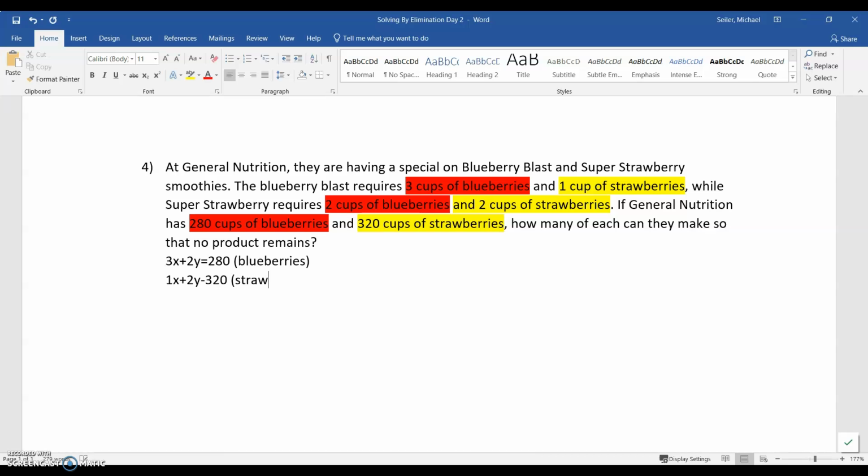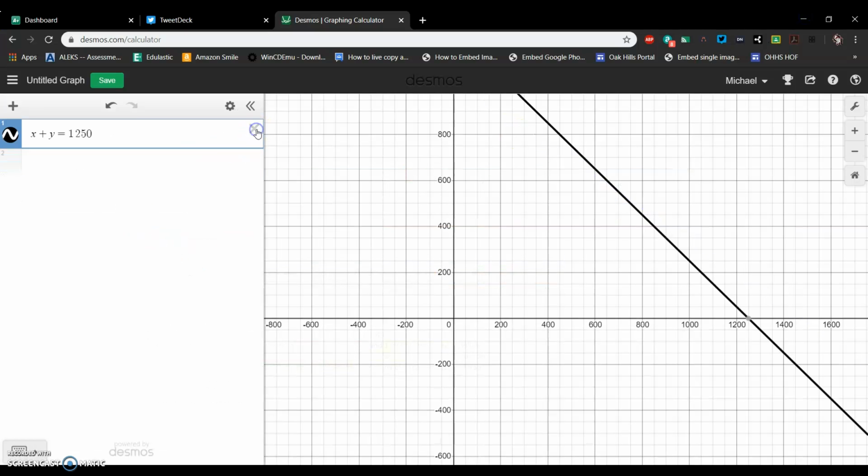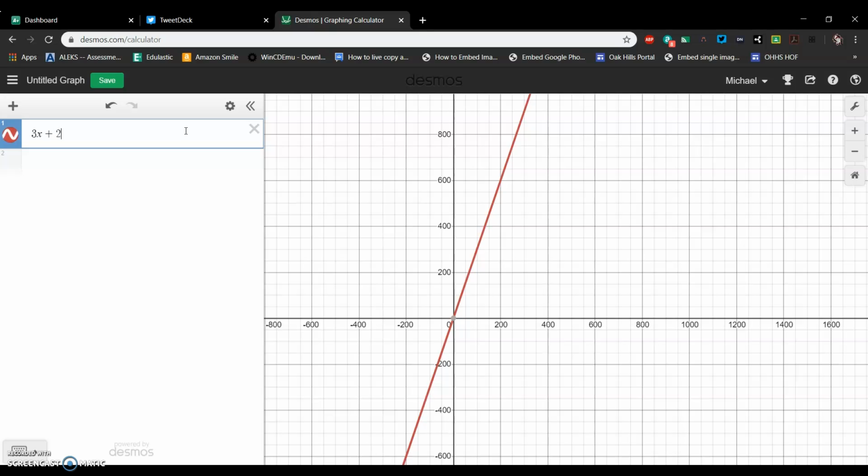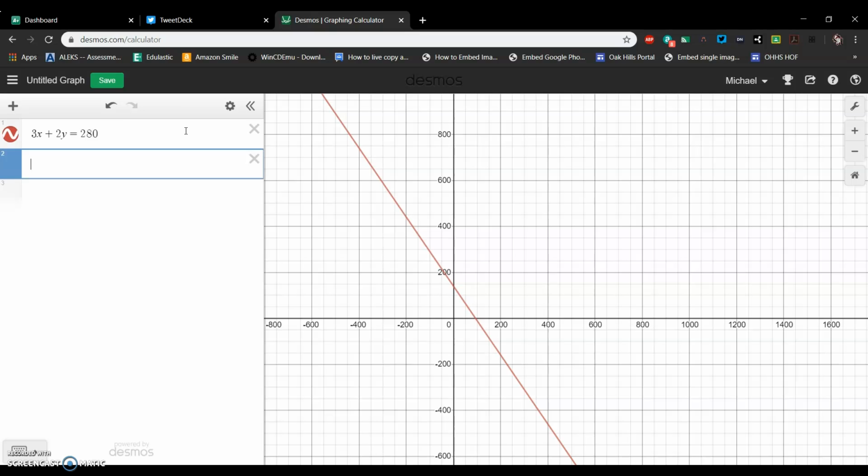And we said that was our strawberries. So I go to Desmos real quick. And in Desmos, I've got 3x plus 2y equals 280. And then I've got 1x plus 2y equals 320.